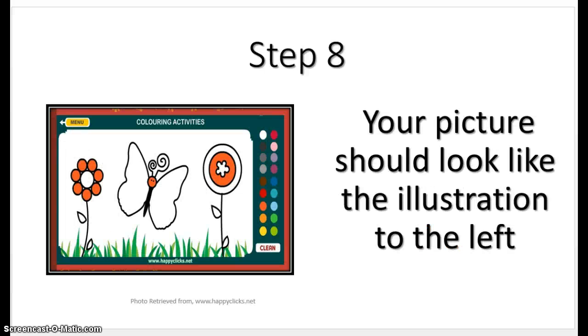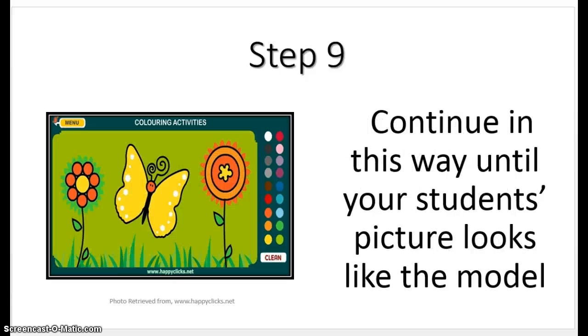This is what your picture should look like if the students have followed your directions correctly. You will then continue in this way until your students have followed the directions and their picture looks exactly like the model.